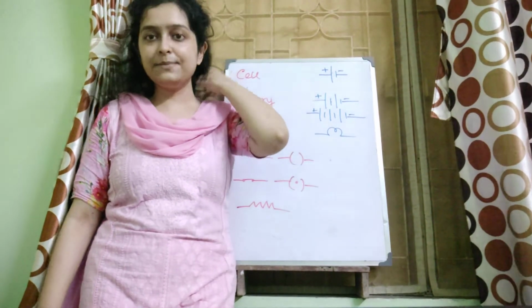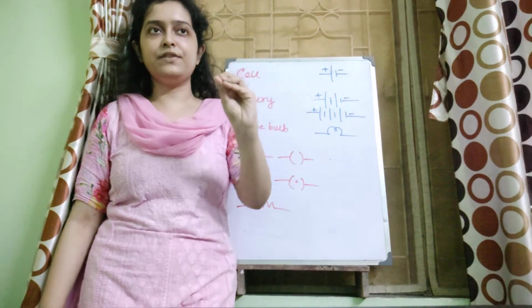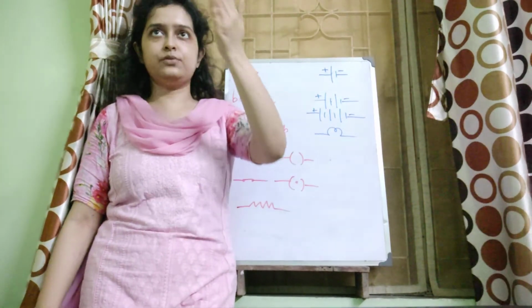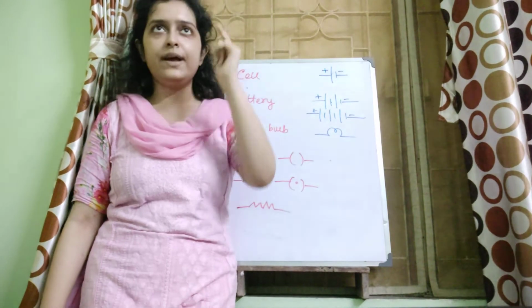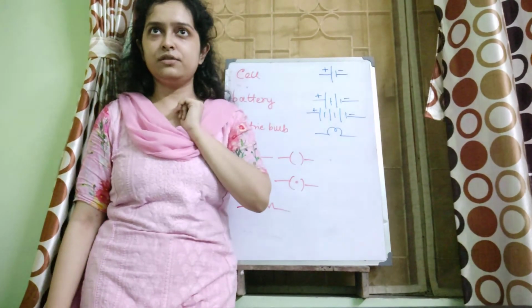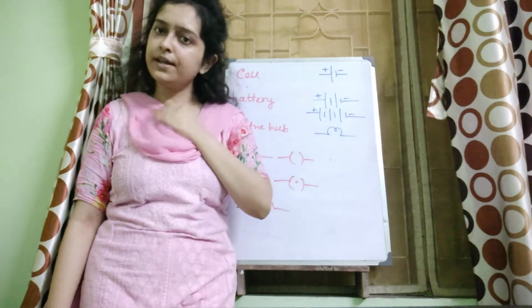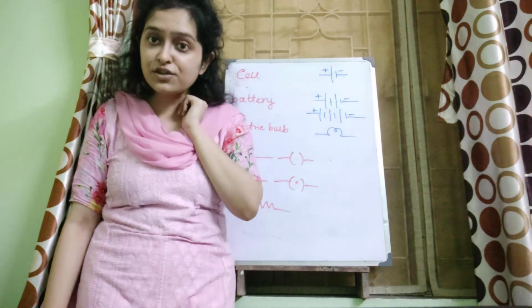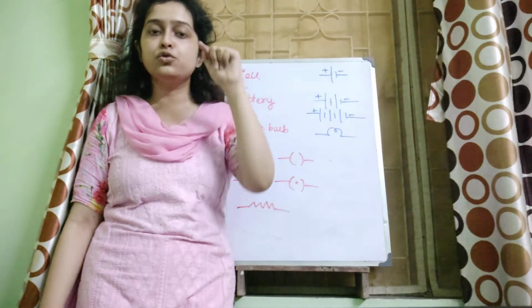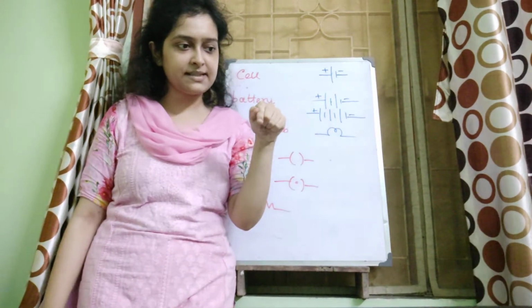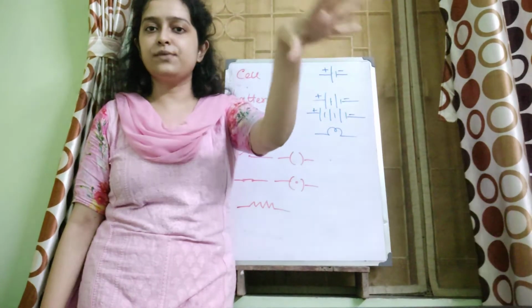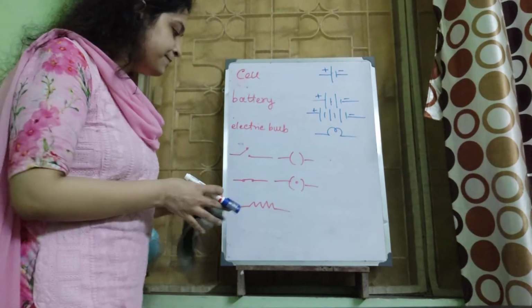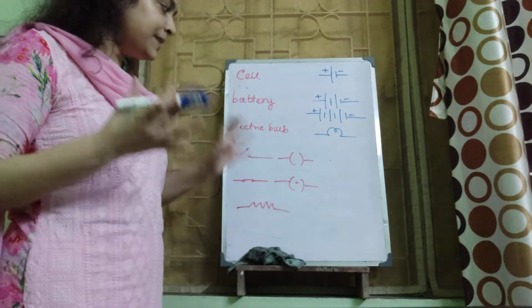When you just put off the switch, fan stops working. When you put on the switch, fan starts working. So the switch allows the current to pass from the source of electricity to the device which is running on the electricity. Okay?